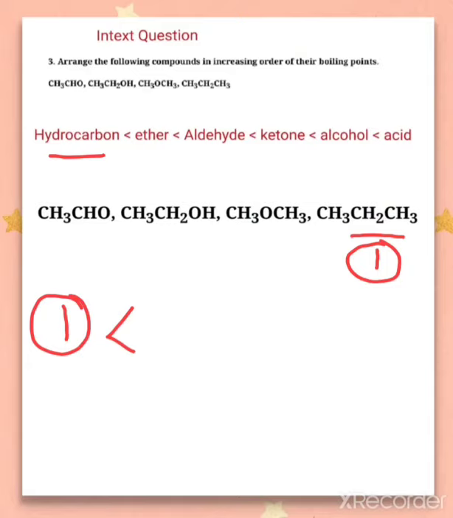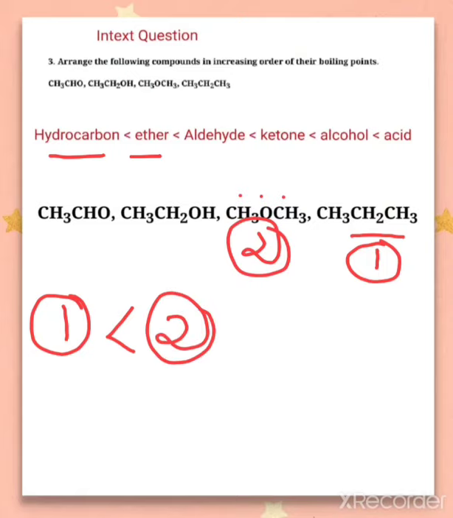Next, look here, this is actually an ether. Let me give the number 2 here. So ether will have a higher boiling point than hydrocarbon. Next we can see here, it is an alcohol and this one is an aldehyde. When you compare alcohol and aldehyde, which one has the greater boiling point?